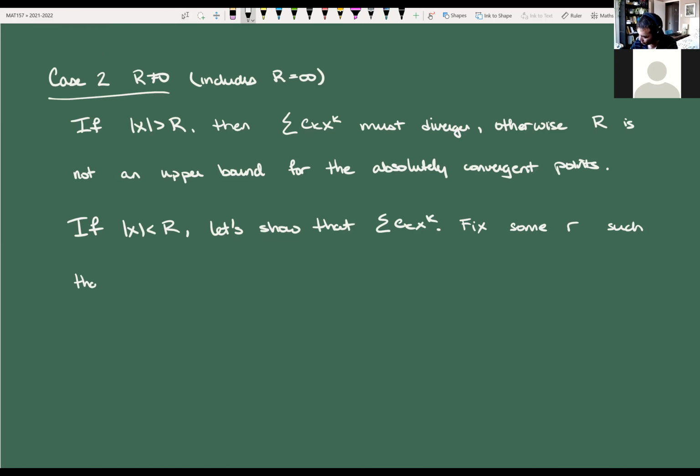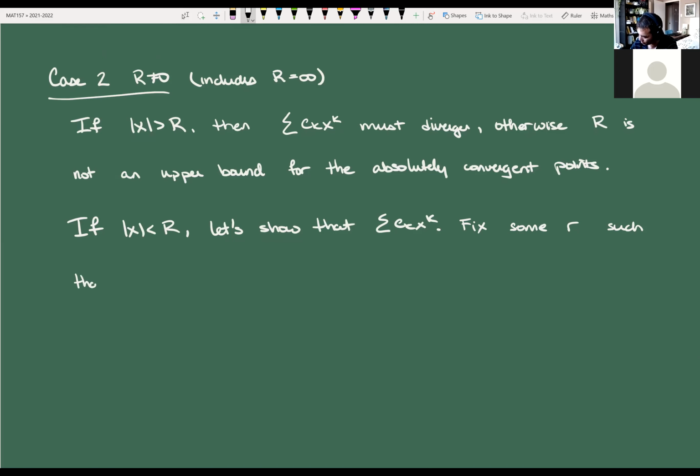Now when I'm looking at the terms of my series on the left, I get something which looks like a geometric series on the right. The only problem is this thing right here. How do I deal with that? Ideally, I'd like it to just be a constant.